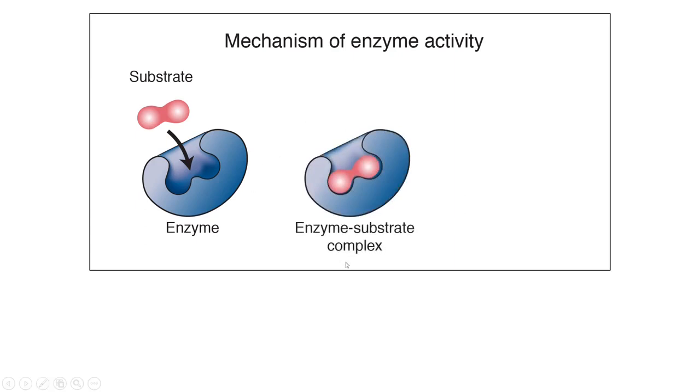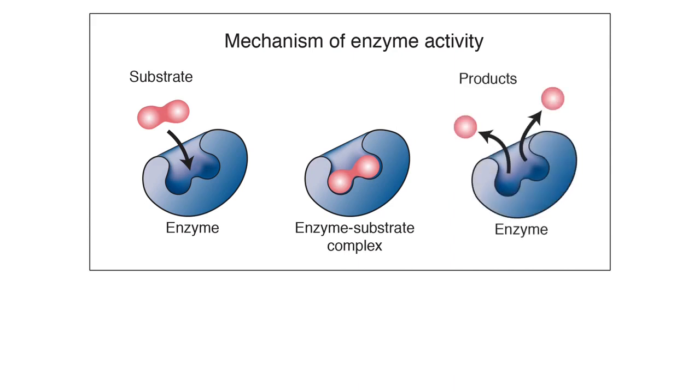And because of their particular orientation and because of the formation of the enzyme-substrate complex, you will then produce products. Whether the products are formed by putting them together or separating them into smaller parts or smaller bits, that would be the mechanism of enzyme activity.